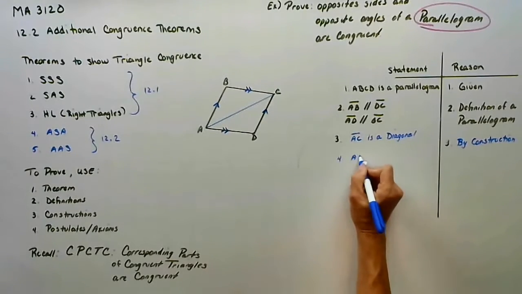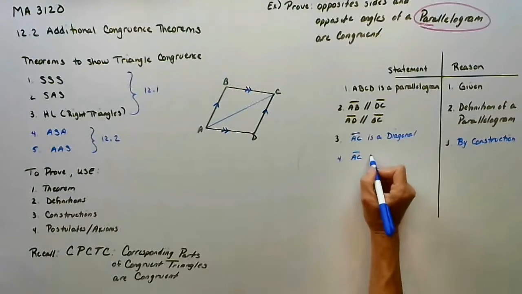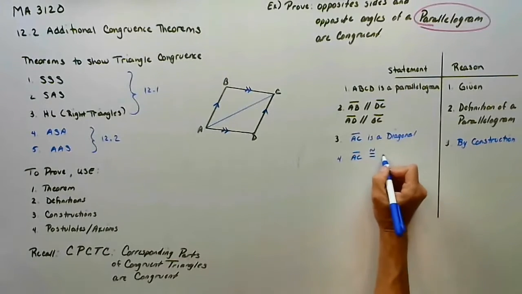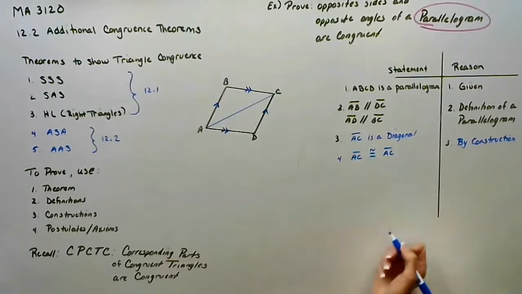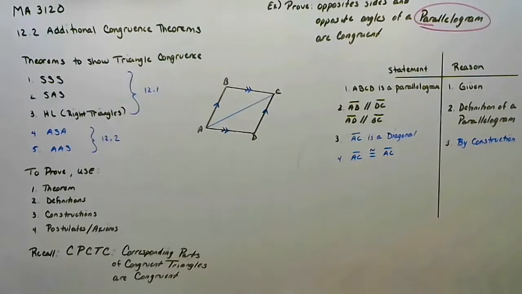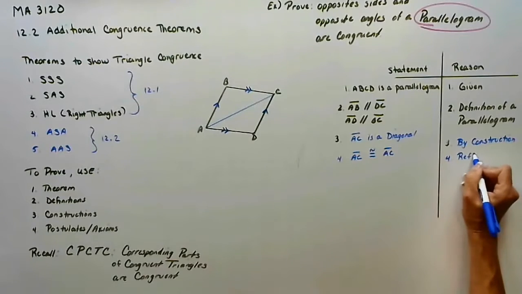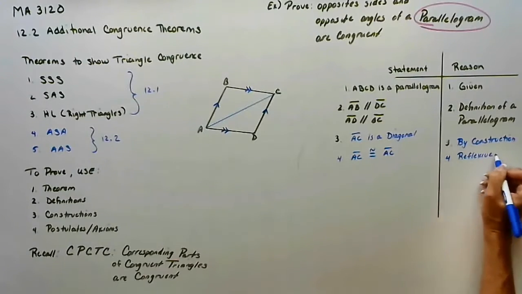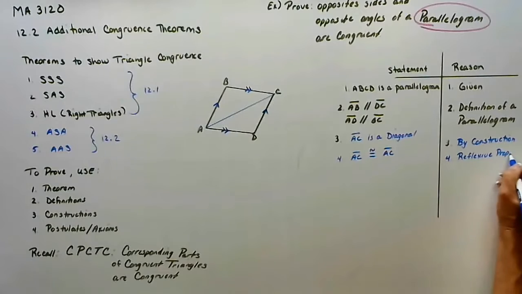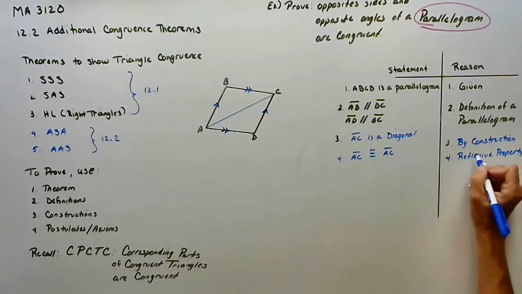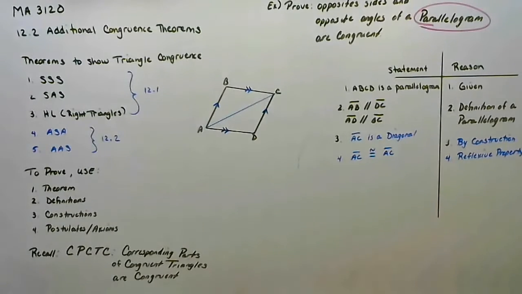You'll see why that comes in just a moment. AC is congruent to itself, because I'm starting to create what I need to show congruence. The reflexive property, of segment equality if you really want it. The reflexive property is fine.